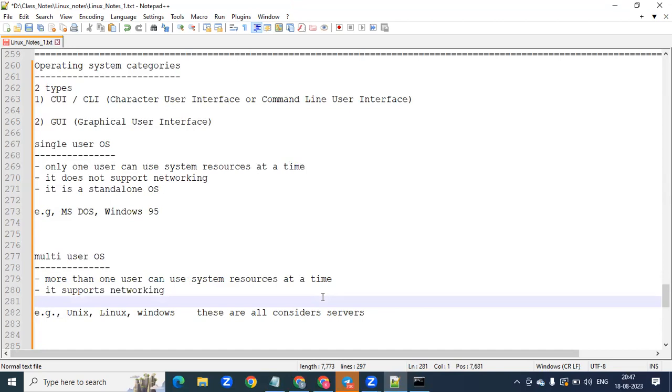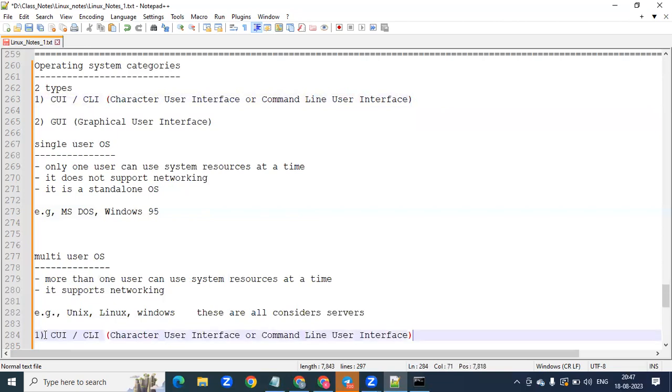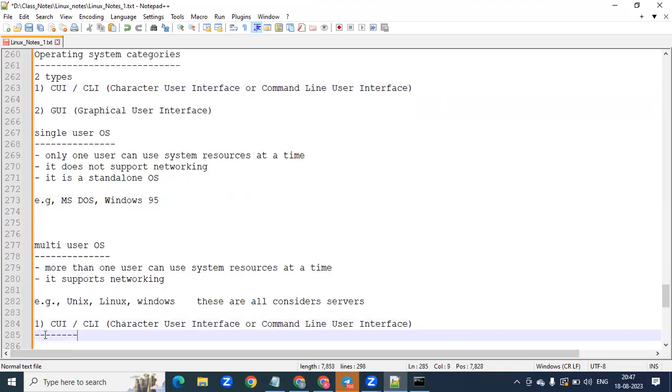Coming to CUI or CLI, command line user interface, the user will work with the commands only.